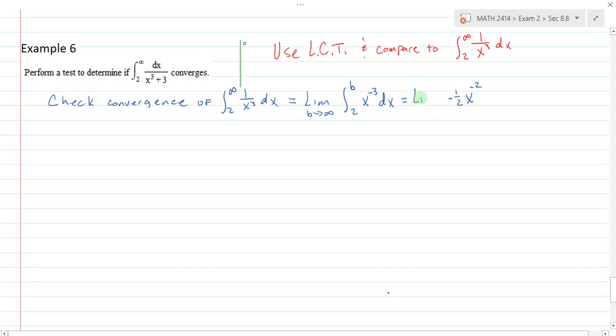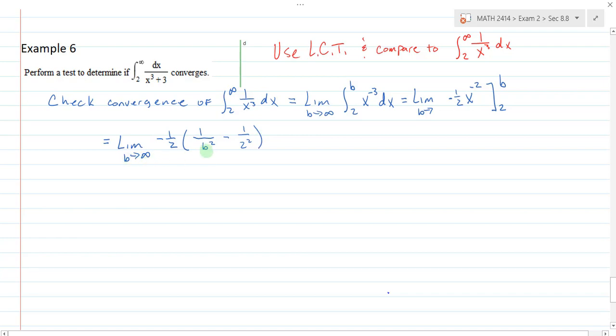And this is going to be the limit as b approaches infinity of this from 2 to b. So when I plug in my bounds, that's going to give me the limit as b approaches infinity of negative 1/2 times. Now that x to the negative 2 I could write as 1 over x squared. So that's going to be 1 over b squared minus 1 over 2 squared.